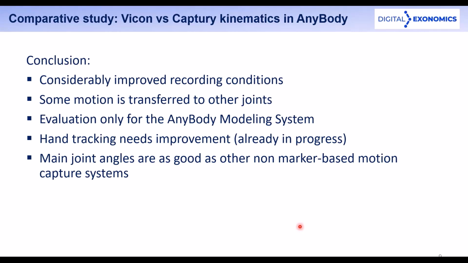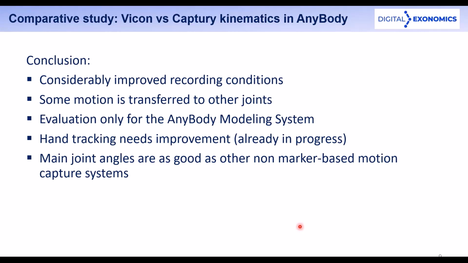And we can also see that hand tracking definitely needs to be improved. However, at the same time, what we call main joint angles, which for us is basically hip flexion, knee flexion, or the lower extremity in general, seems to work quite okay and is as good as other options or other marker-based motion capture systems which are available.